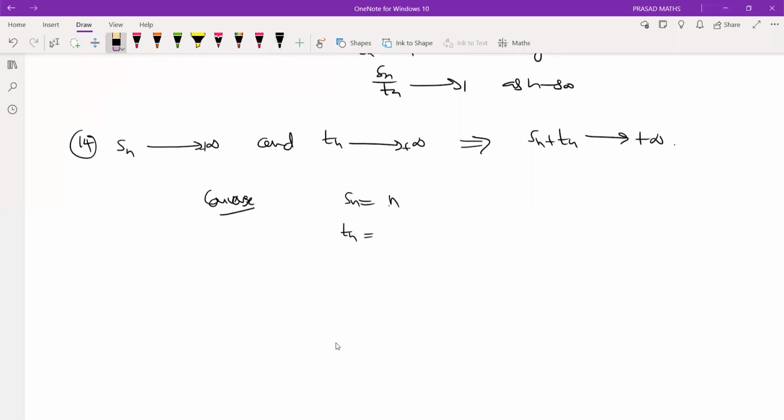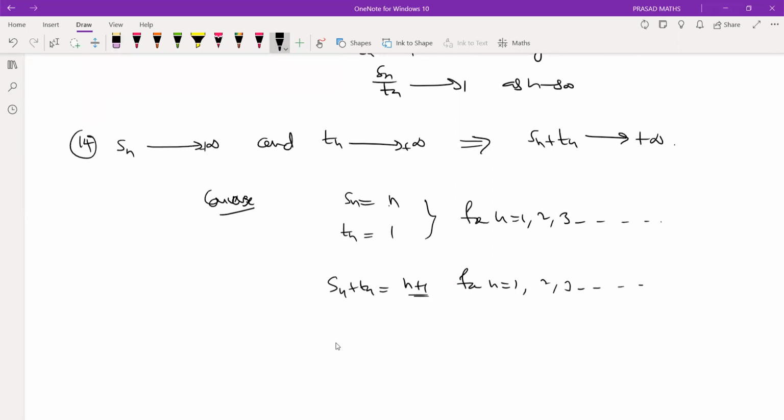I need Sn plus Tn to converge, so I take Sn equals n, Tn equals 1. Therefore, what you observe is that Sn plus Tn is equal to n plus 1 for n equals 1, 2, 3, 4 and so on.